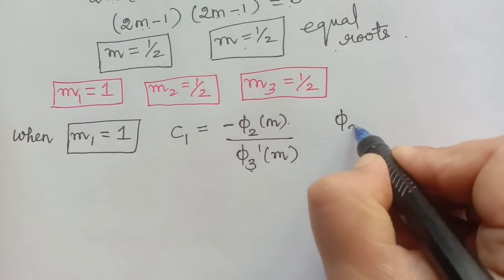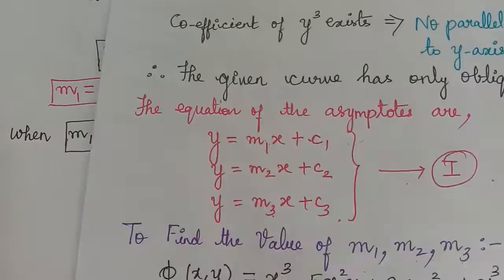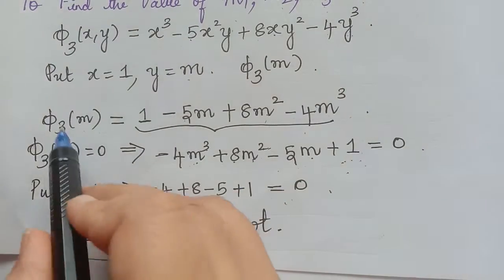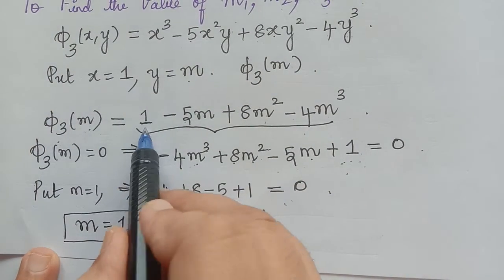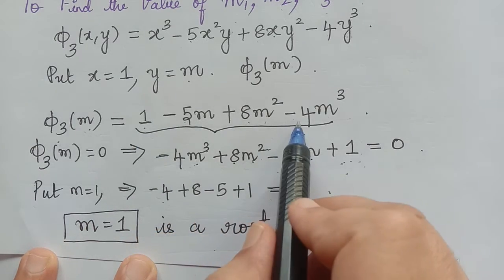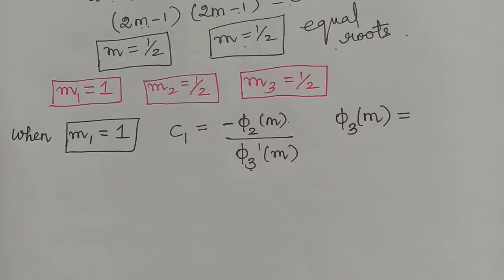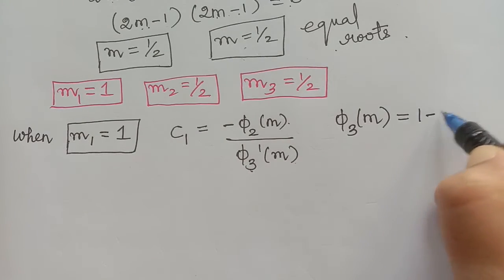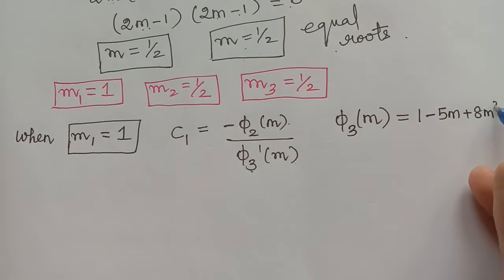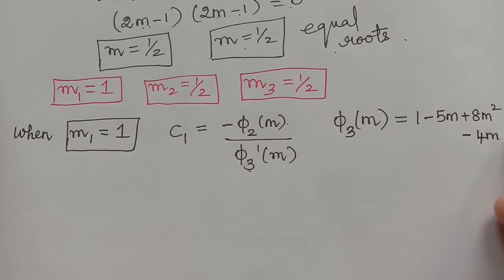Already we saw that phi 3 of m is equal to, we have already written here previously. You can see here, phi 3 of m is what? 1 minus 5m plus 8m square minus 4m cube. So let me write that here. So 1 minus 5m plus 8m square and then minus 4m cube.